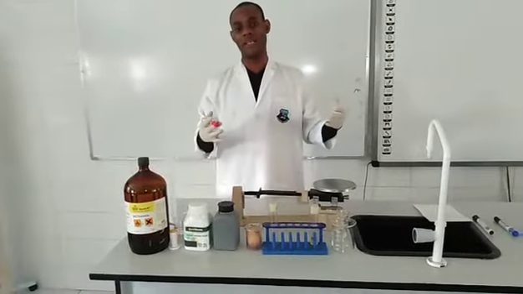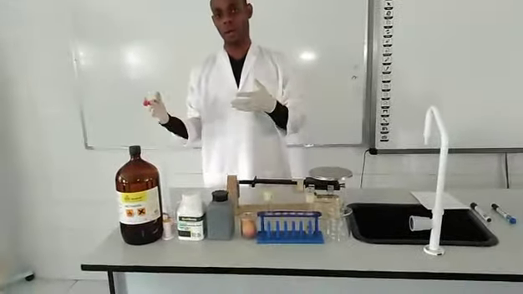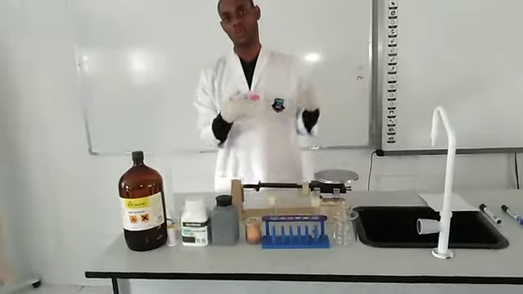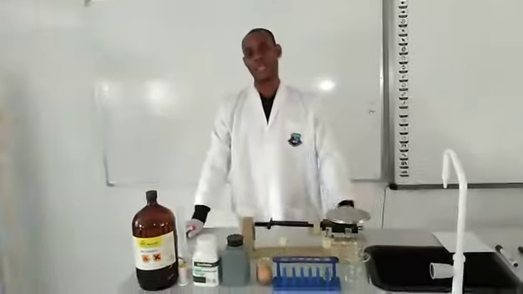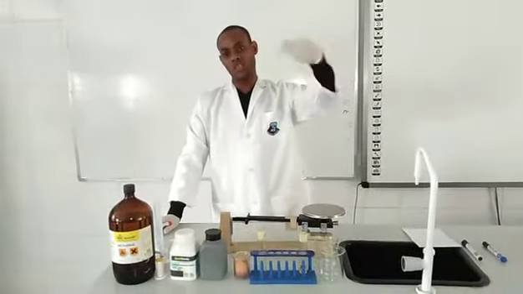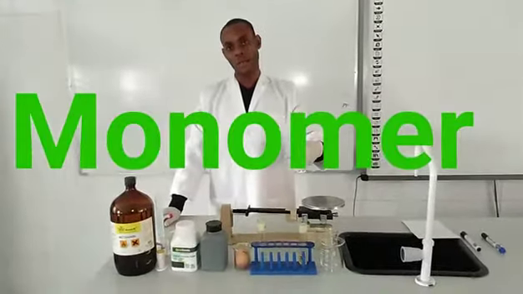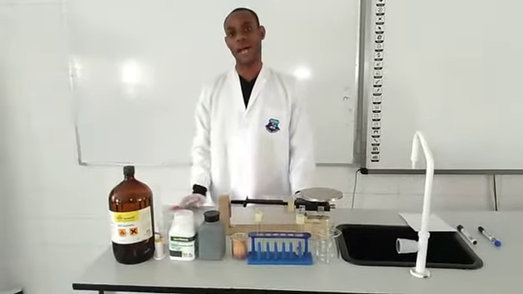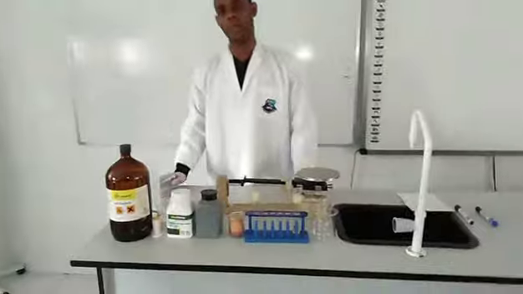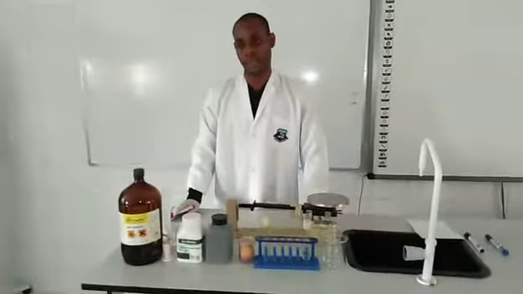We have a smallest unit known as a monomer, which can combine to form a polymer. So polymers are macromolecules, and polymers are derived from monomers.